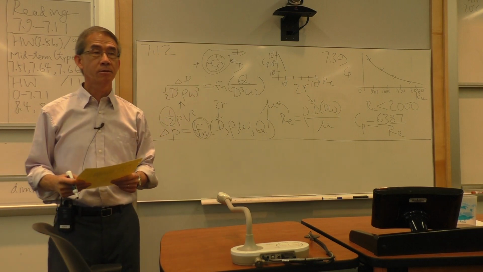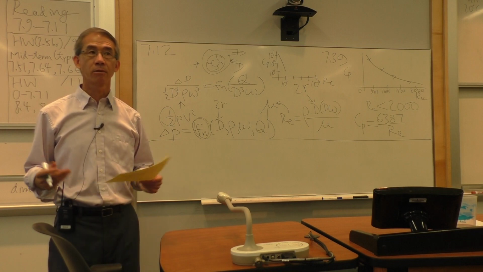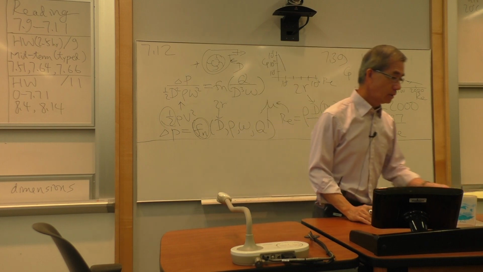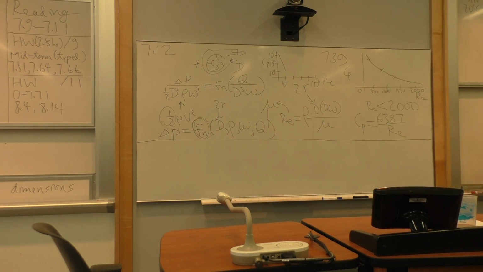And the limitation, the range that it applies, is Reynolds number small. How small? 2,000. All right, so that's just a good recap of the Moody diagram, which is the next topic we'll talk about in chapter 8.